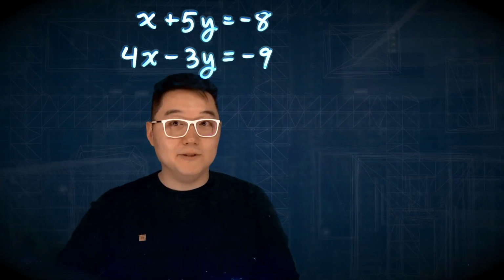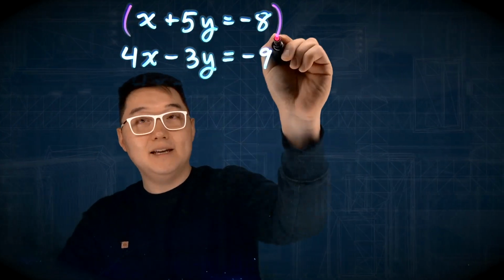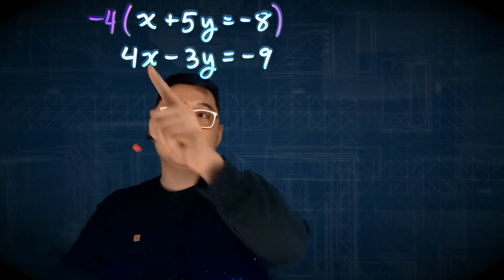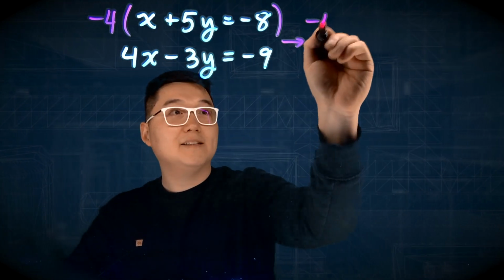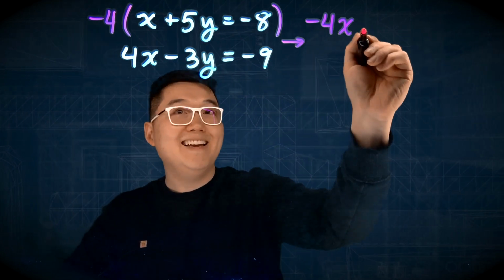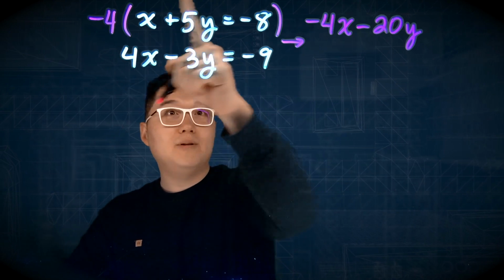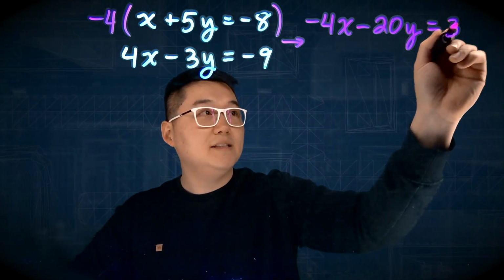So here's what I'm going to do. I'm going to multiply the first equation entirely by negative 4. So negative 4 times x gives us negative 4x. Then negative 4 times 5y is negative 20y. Then negative 4 times negative 8, a double negative, gives us a positive 32.